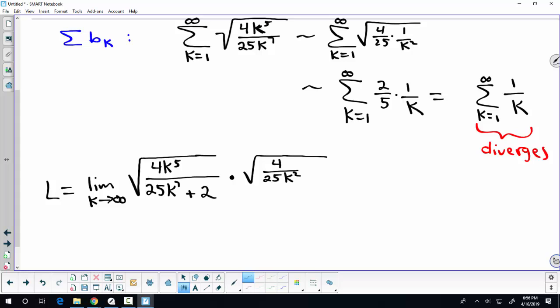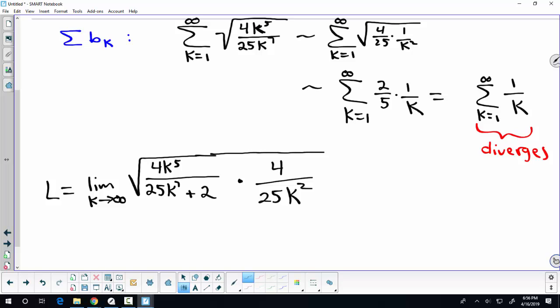Okay, so now we can just absorb all of this into a single root. We'll just do that here. This is this times this over this root, so that we can pass the limit inside the root.